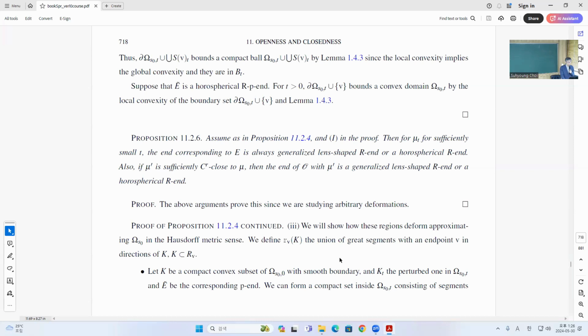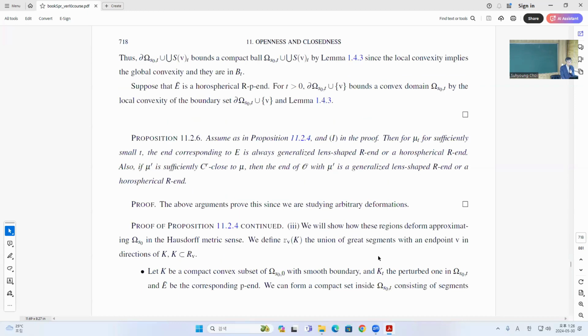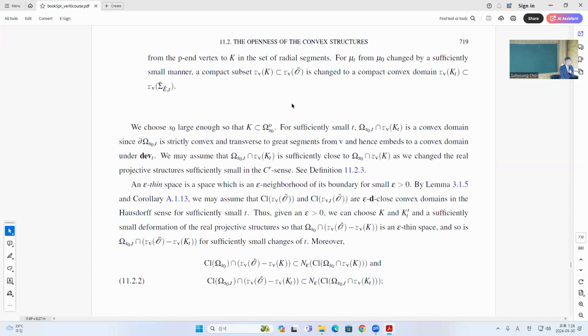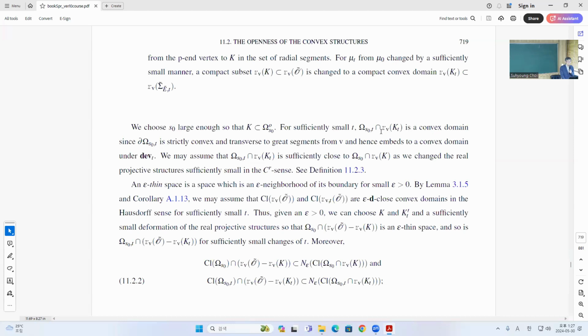So the way to construct this is you want to look at this. I didn't really approximate O tilde yet. I'm just constructing something like this. So I have this K in the compact set like this, with Kt perturbed ones. And if you look at the rays, these transverse rays mapping to here, so RBT is what this is.